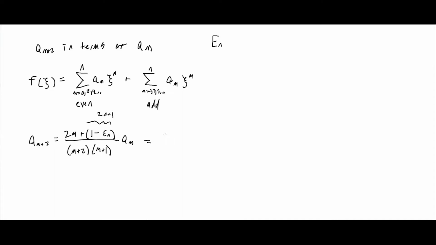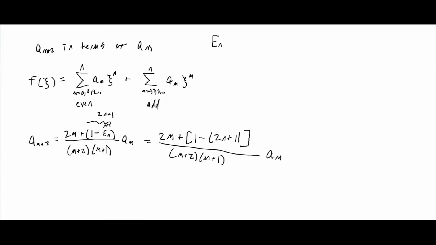And so we can write this now as 2m plus 1 minus 2n plus 1 over m plus 2 times m plus 1 multiplied by our a sub m.